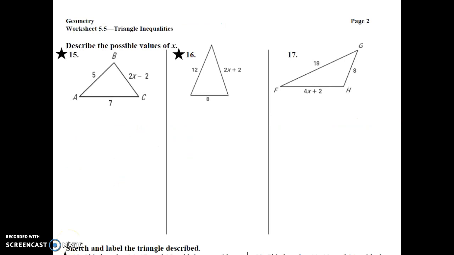Now when we're describing the possible values of x, this really is the exact same question as the last one. They give us 2 of the numbers, and we have to find out what the third number can be.